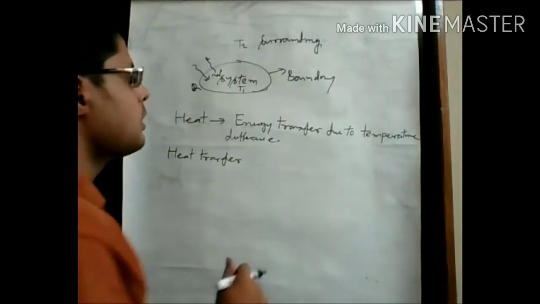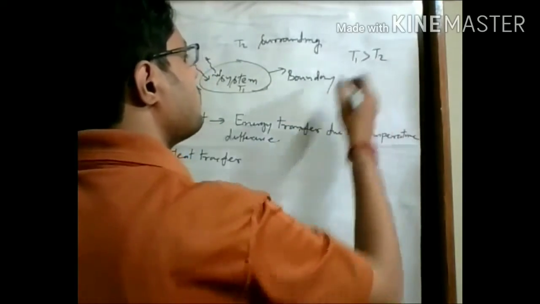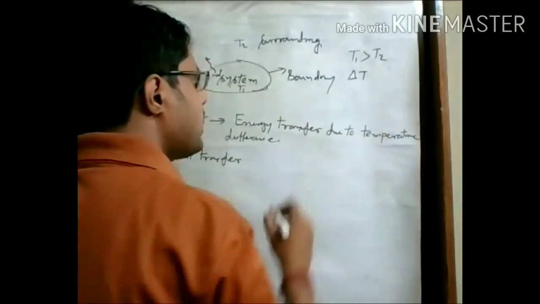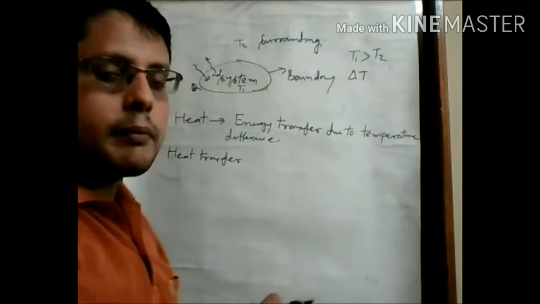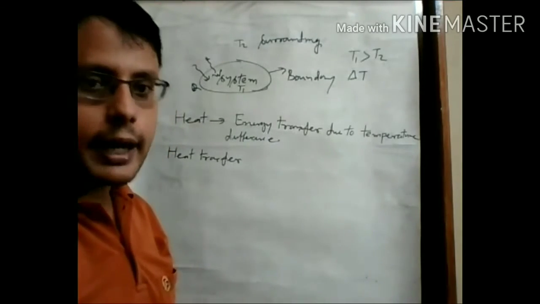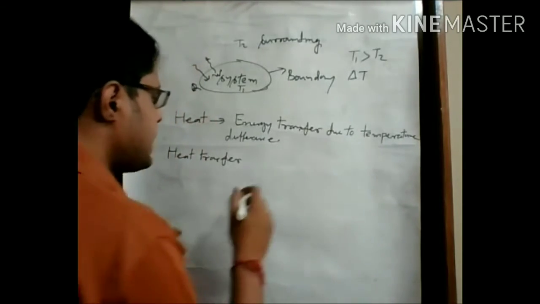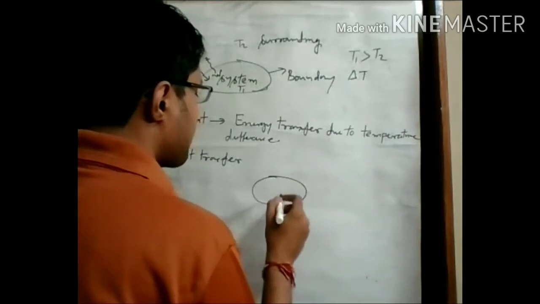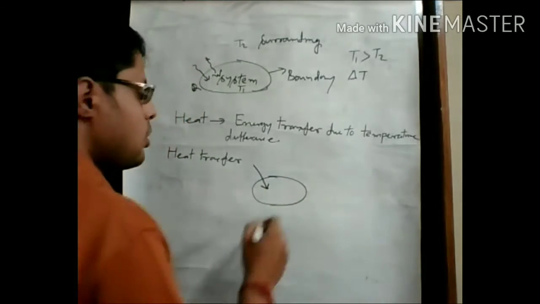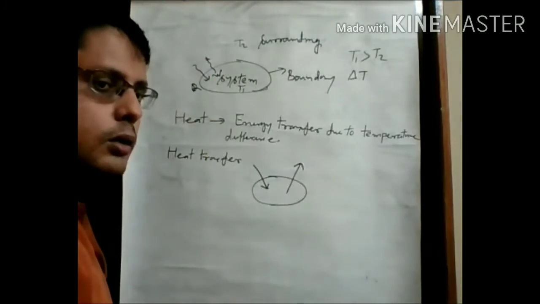Due to this temperature difference, if T1 is greater than T2, some amount of energy is transferred from higher temperature to lower temperature, and that generates the heat transfer phenomenon. Heat transfer may be from surrounding to system, or from system to surrounding.